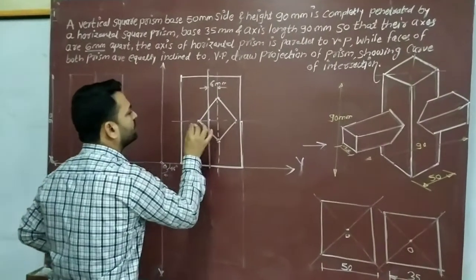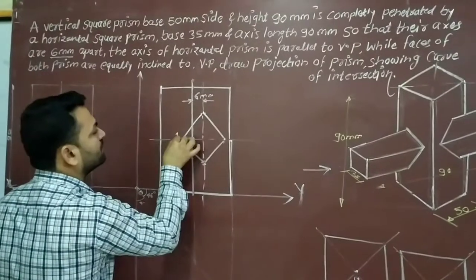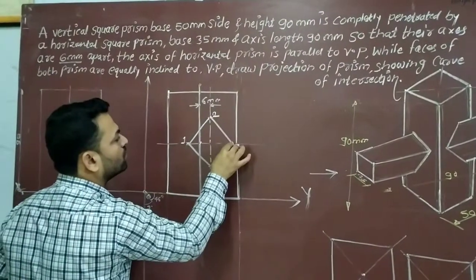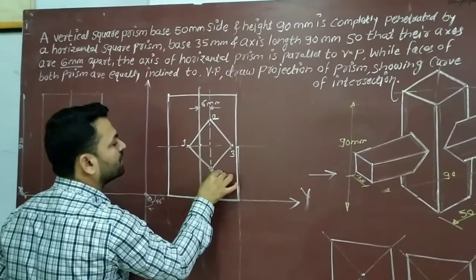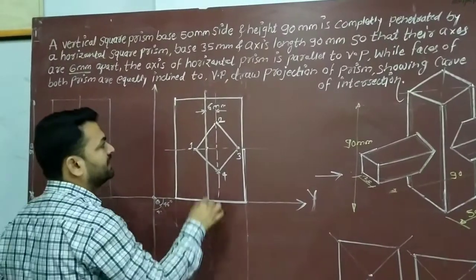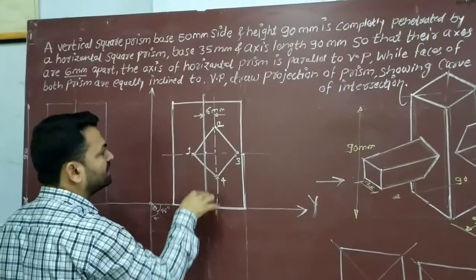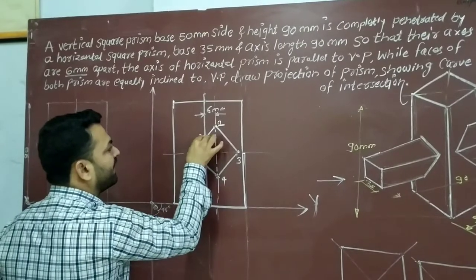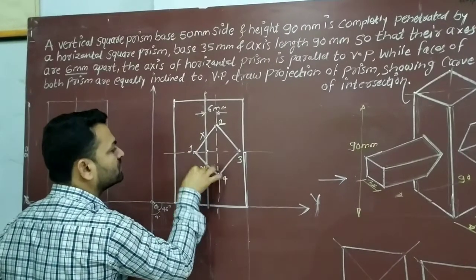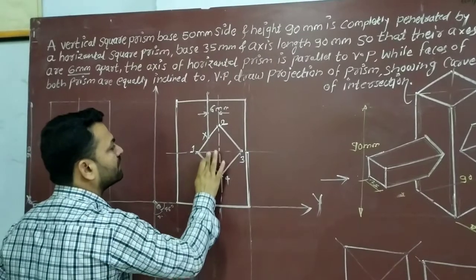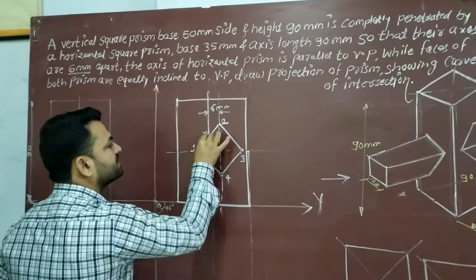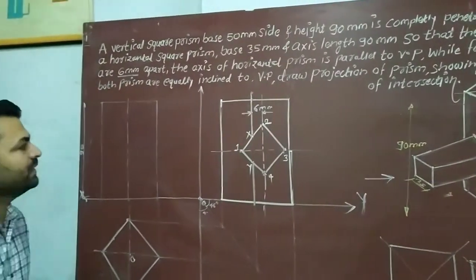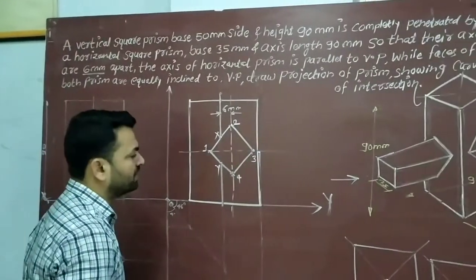Here, I am going to name it 1, 2, 3, 4. See here, this is a vertical square prism which is going to be cut over here. So I put here the name X and this is Y. Okay, so again we have to repeat the same procedure.